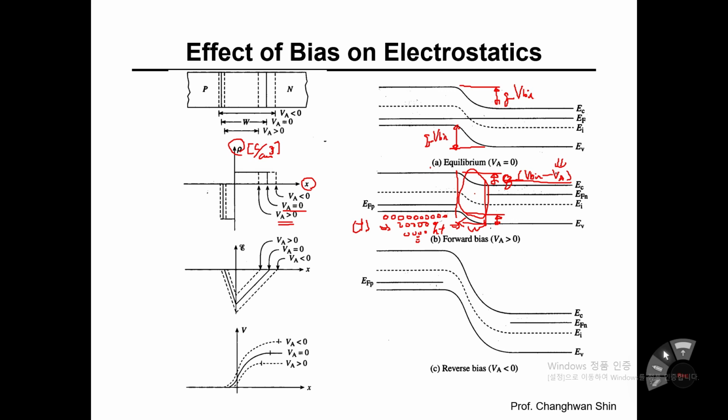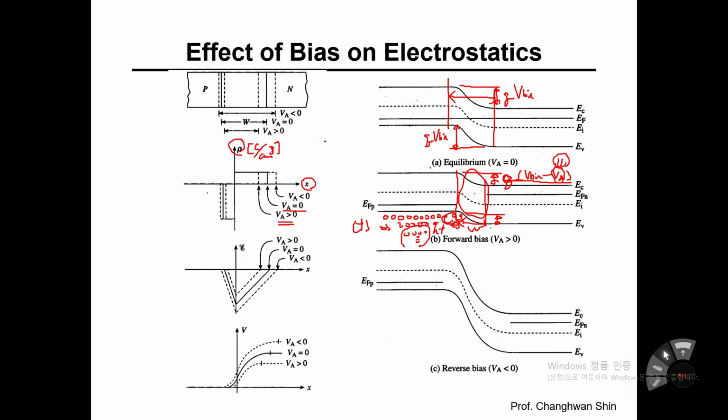But now, because of the forward bias, the energy barrier height has been lowered by VA. So many holes would like to diffuse into the N side, toward the depletion region. So the original depletion width shrinks because more holes are pushed into the depletion region.